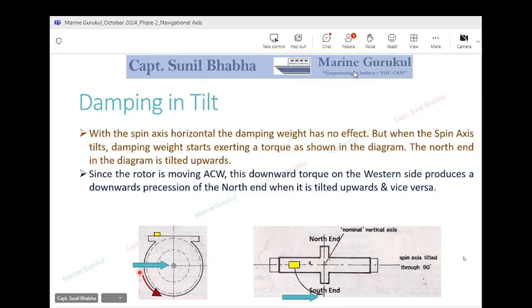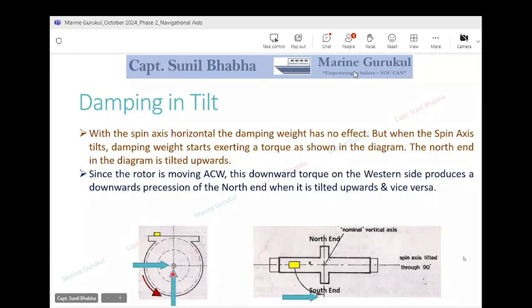So now the gyroscopic precession says that this force, which is being applied to the south end of the spin axis, is turned by 90 degrees in the direction of the spin and will be applied like this. So the force is applied in this particular way now. You see the upward arrow highlighted by the laser pointer.